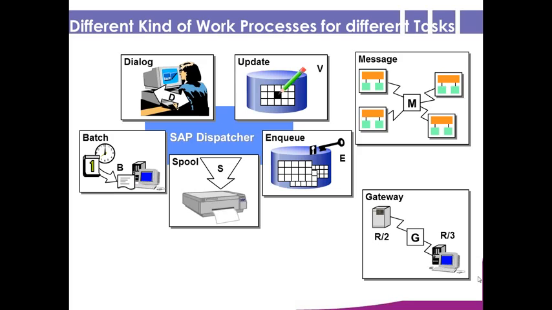So we have 7 types of work process, but actually we have only 5. These 5 are the work processes, but these 2 are services. Even though we treat them under work process, in name we have 7, but we have only 5 work processes and 2 services.